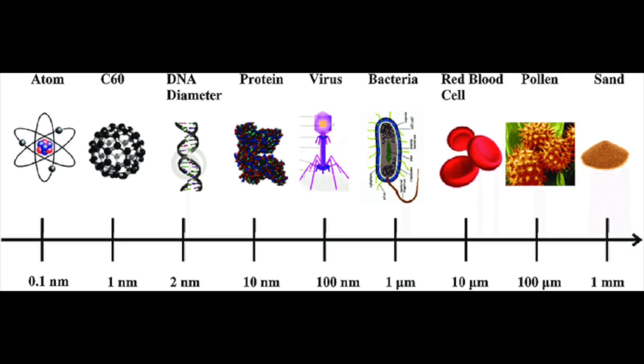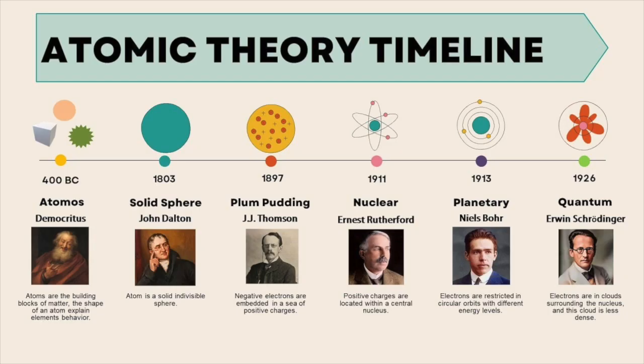The term atom originated in ancient Greek philosophy, where it was used to describe the smallest piece of matter that could be conceived of. The word actually derives from the Greek word atomos, which means indivisible. So the concept was that this was the smallest piece of matter you could imagine, and that it was indivisible.